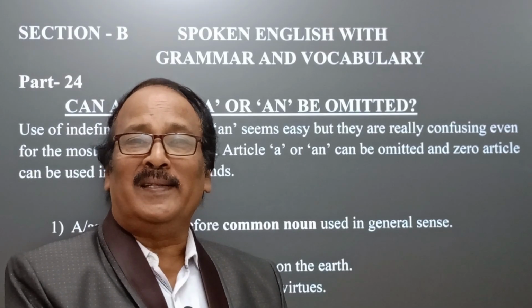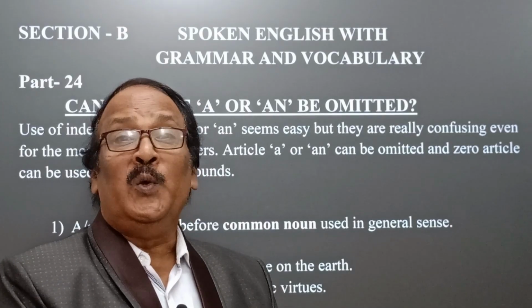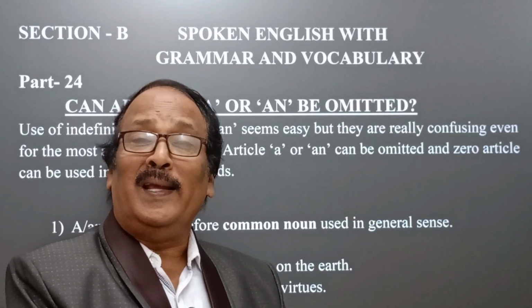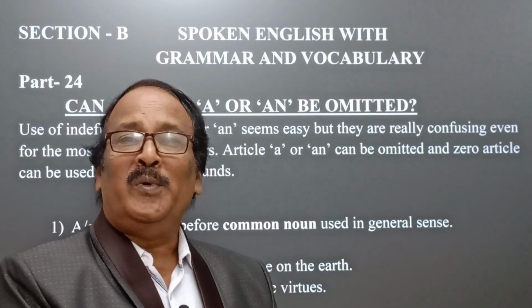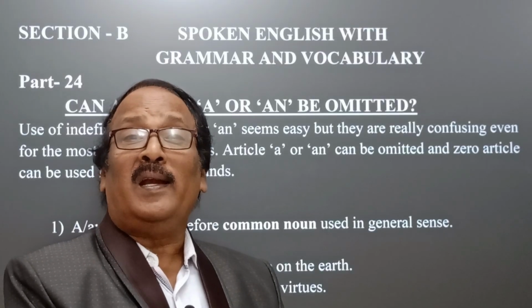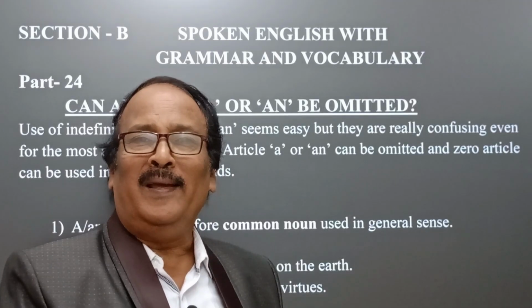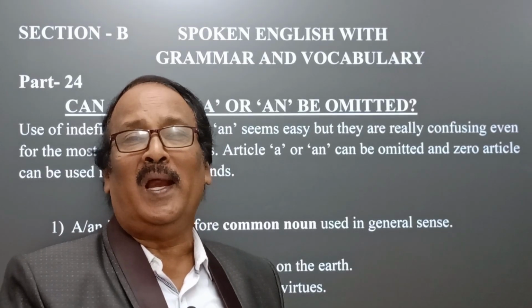In the previous classes, we have discussed very clearly about the use of indefinite article a or an. As we know, articles are determiners; indefinite articles are used to determine any head noun in a noun phrase in an indefinite manner.